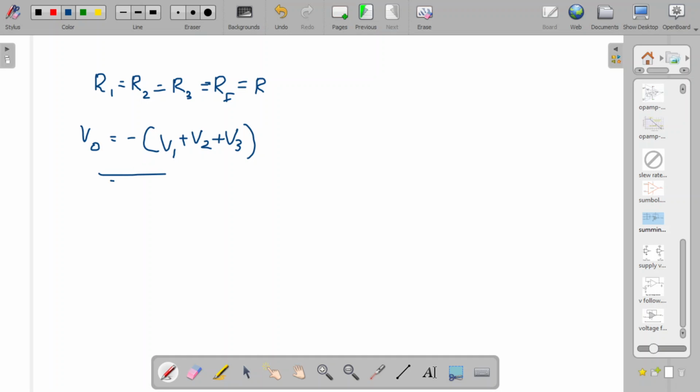So how does it look now? The output voltage is the sum of all the input voltages. This is what is called a summing amplifier.